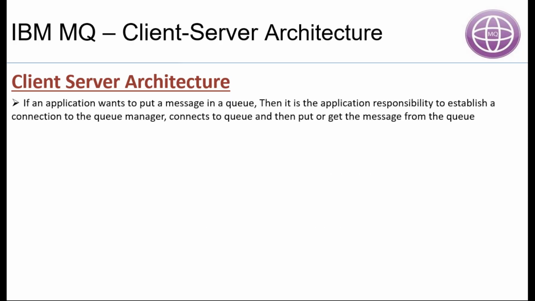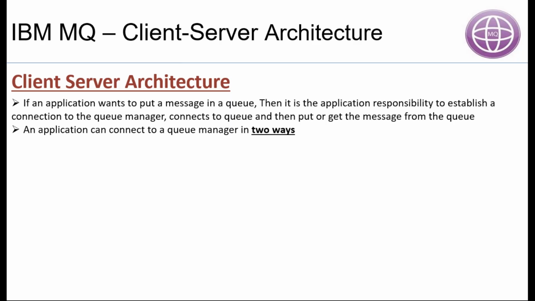First of all, if an application wants to put a message in a queue, then it is the application's responsibility to establish a connection to the queue manager, connect to the queue, and then put and get the message to the queue. So obviously, it's the application's responsibility. An application can connect to a queue manager in two ways.